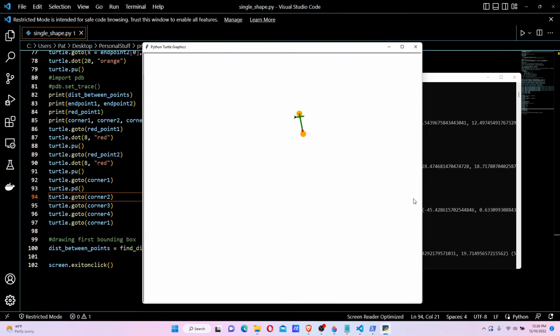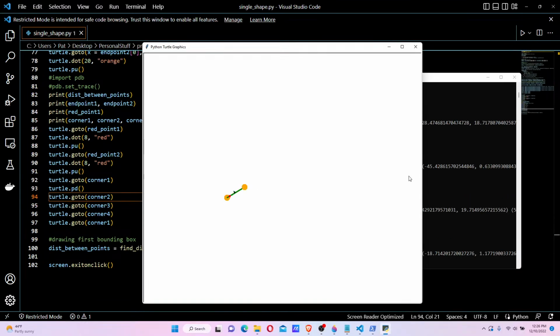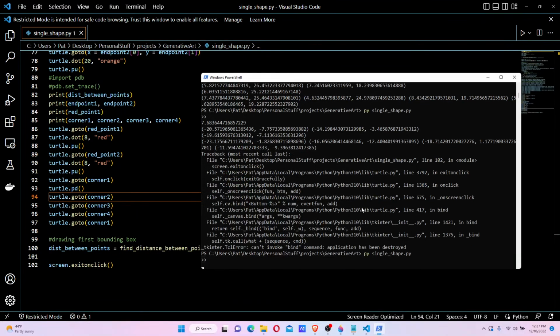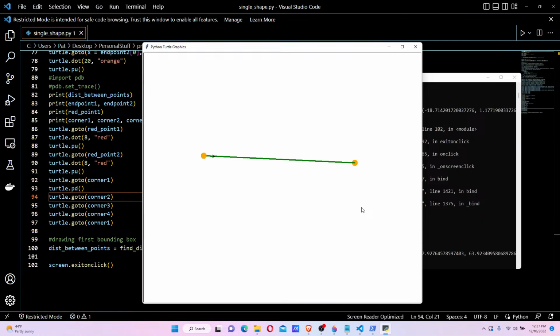So, 1, 2, 3, 4, too slow. Need a bigger one. Maybe the distance. So 1, 2, 3.